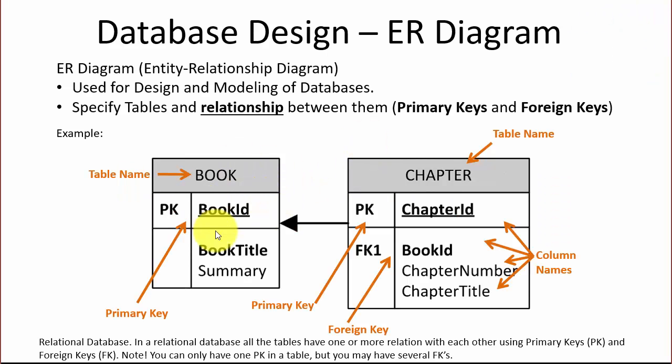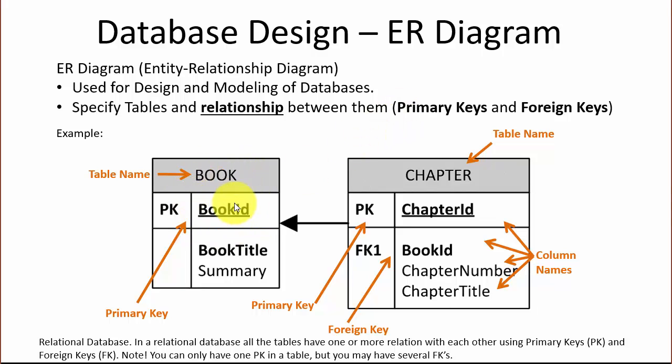Here you see an example of a so-called ER diagram, entity relationship diagram, which is used to model a database. Typically you have different tables. In this case you have a table called book and a table called chapter, and then you have relationships between the tables.